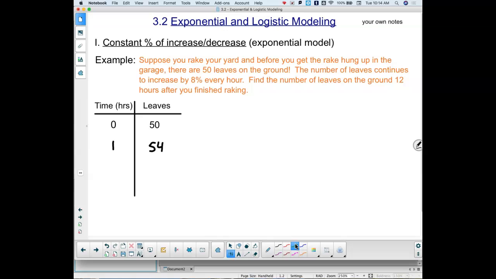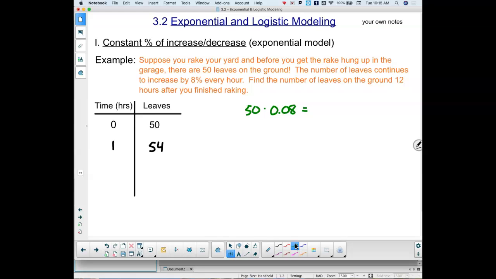Yep. Love it. Give me another way to get 54. 50 is half of 100, so 8% of 100 is 8, so half of that is 4, so it's 54. Okay. So what you're saying in a different way is you took 50 and multiplied it by 0.08 and got 4.